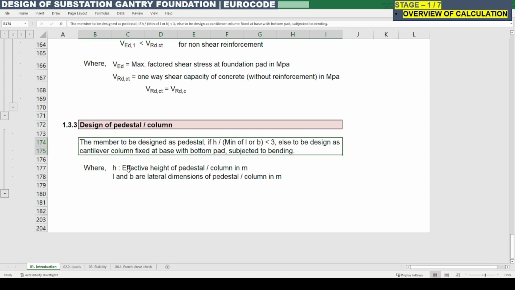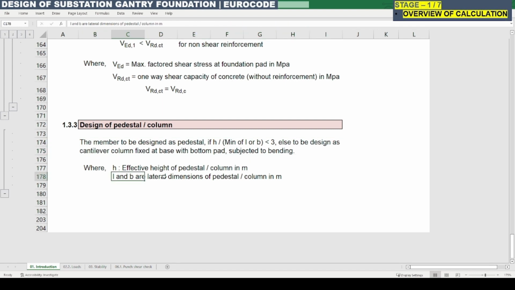There is a chart in the European standard, and we need to calculate this. Anyway, we will look at this in our detailed video explanations. The second one is that we need to check the slenderness also. That we will look at in detail in our upcoming videos.